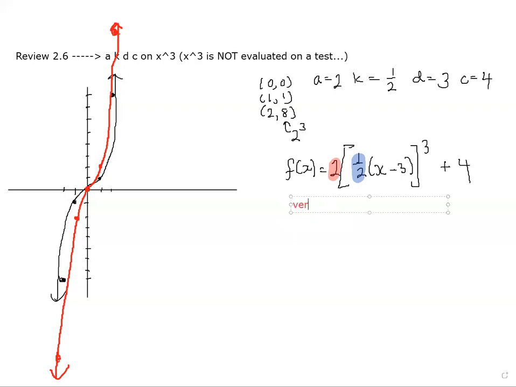It is a vertical stretch by a factor of 2. And on the graph, we would call that 2x cubed. That red line is 2x to the power of 3.